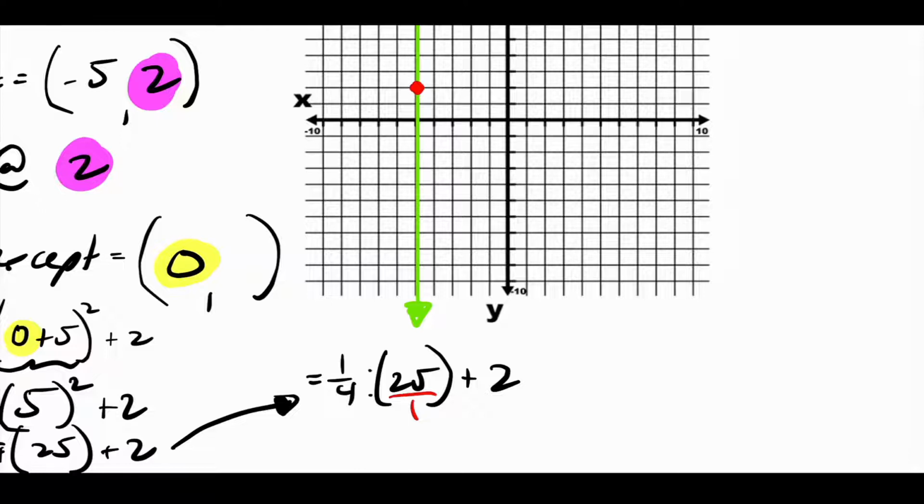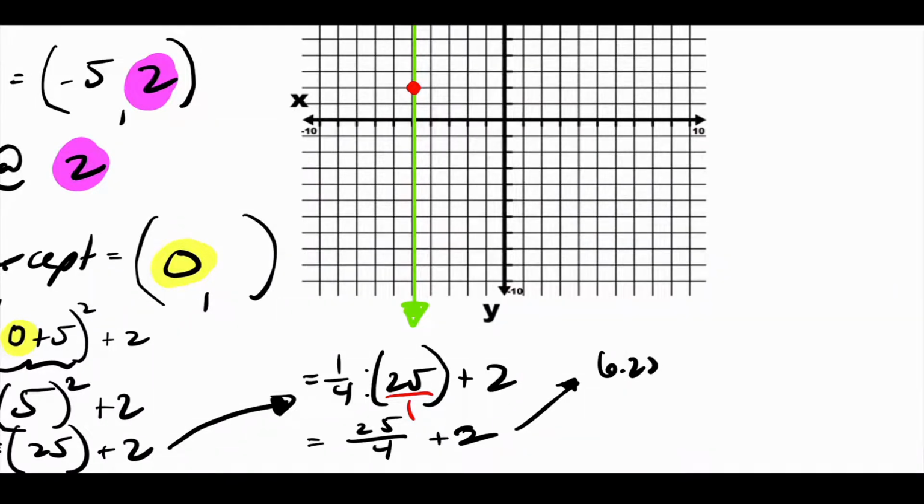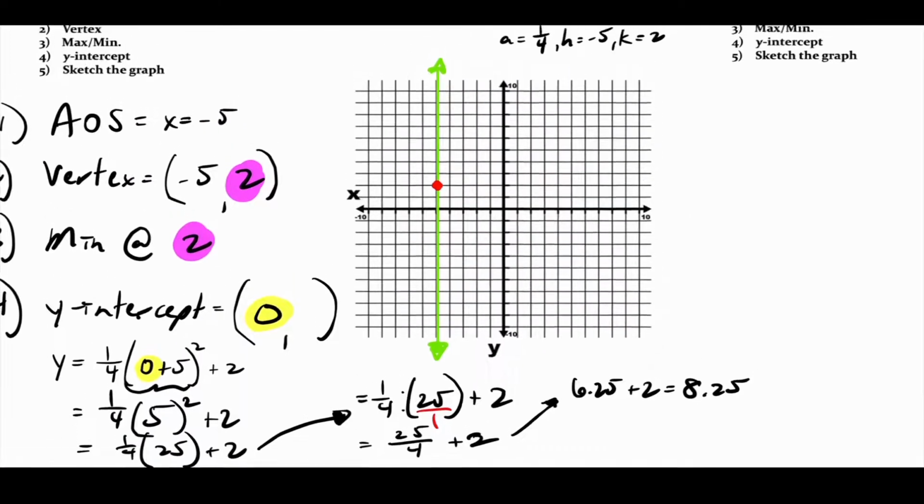Then you multiply straight across and you get 25/4. 25 divided by 4 is 6.25. Then plus 2 is 8.25.